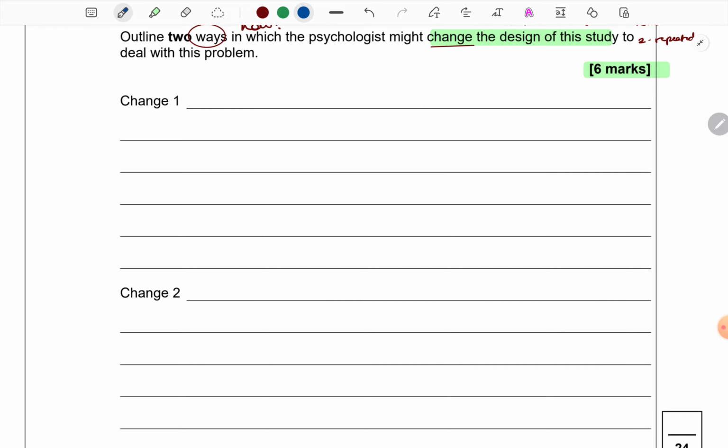Okay, so my first suggestion would be random allocation of participants could be done to the healthy diet and meditation conditions.